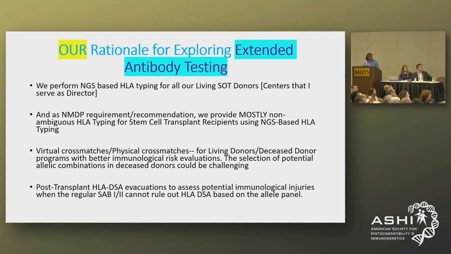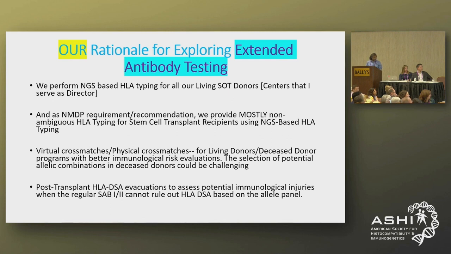We do NGS-based HLA typing for both solid organ and bone marrow transplantation. It helps us reduce the cost, and as mentioned in that list, it is important for the virtual cross-match, immunological risk assessment, and interpreting some of the physical cross-matches which are ambiguous.